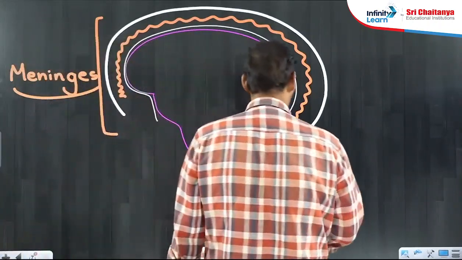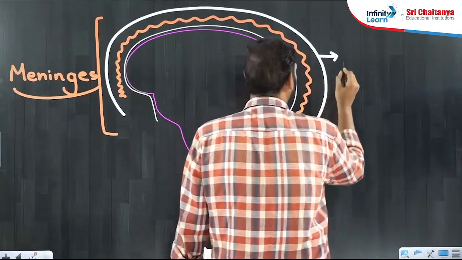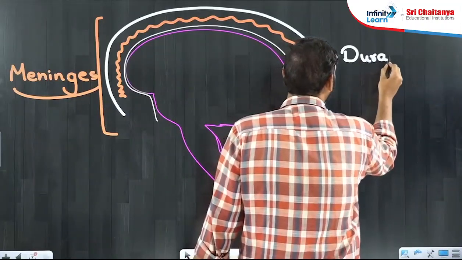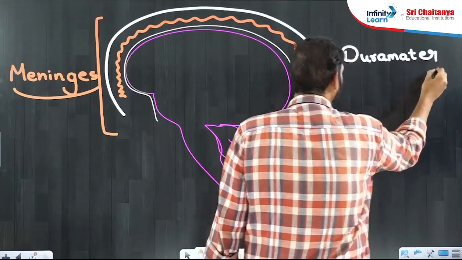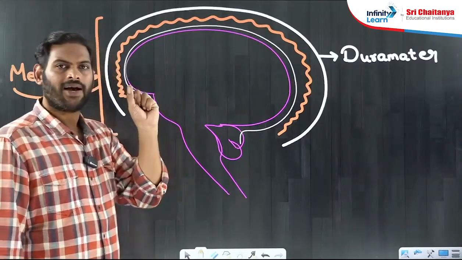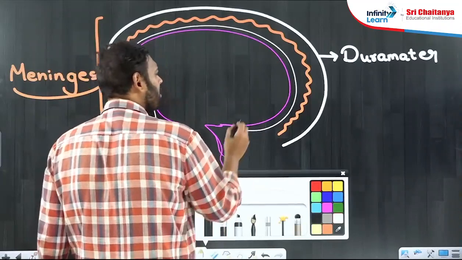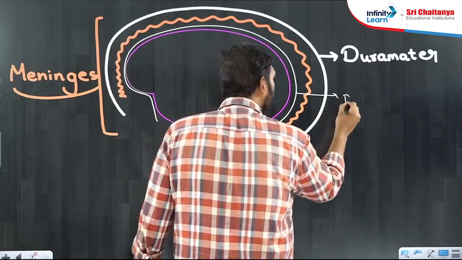The outermost, the hardest meninx, which is attached to the cranium, is called dura mater. Dura means durable, hard. Dura mater. The innermost, thinnest and softest meninx, which is actually touching the brain, is pia mater.